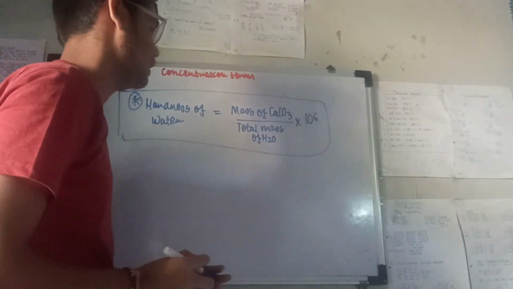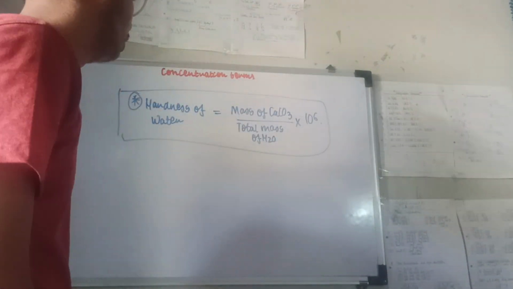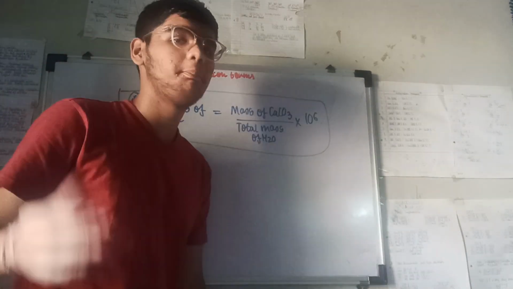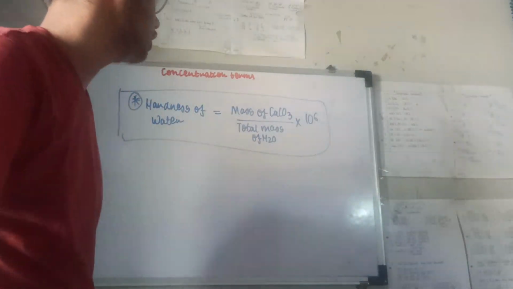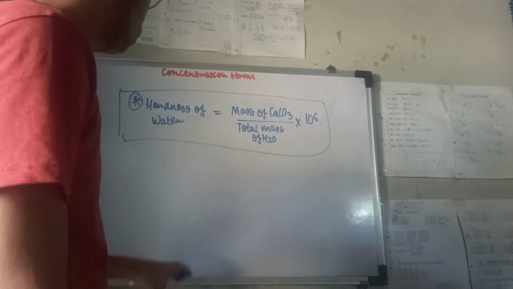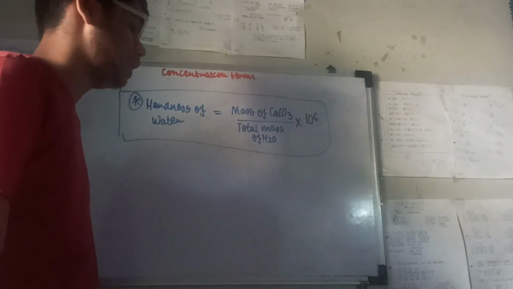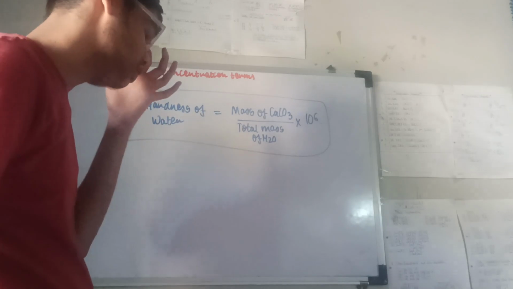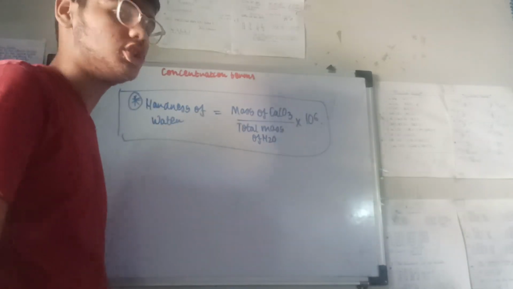Hardness of water is calculated by mass of calcium carbonate by total mass of water into 10 to the power 6. Okay. Now let's solve 2 to 3 questions because we are done with the topic.